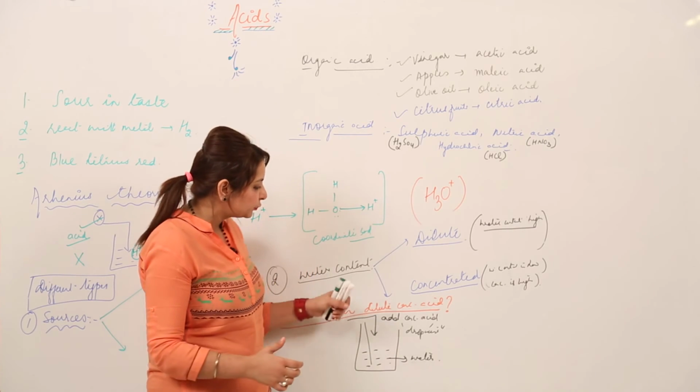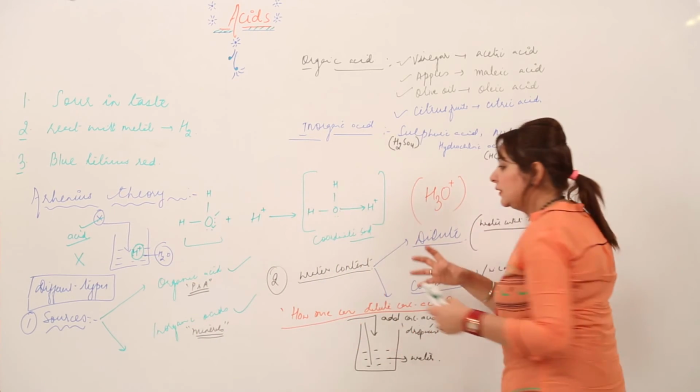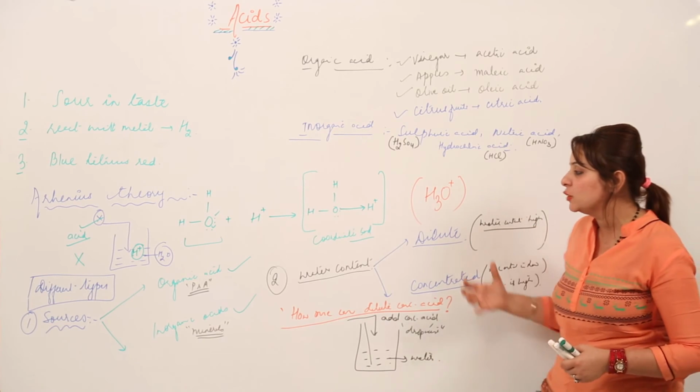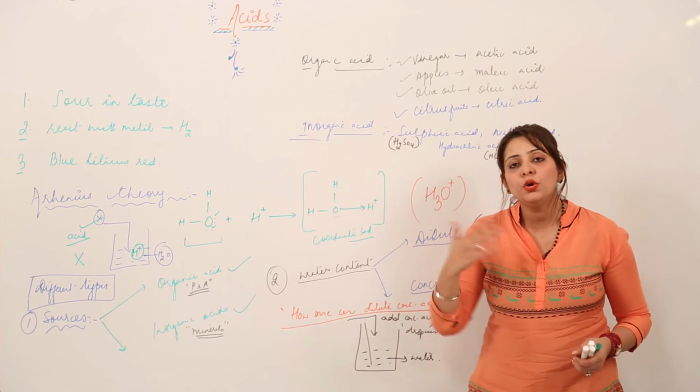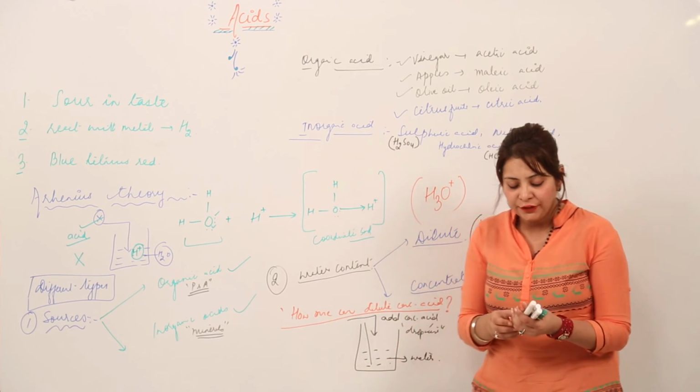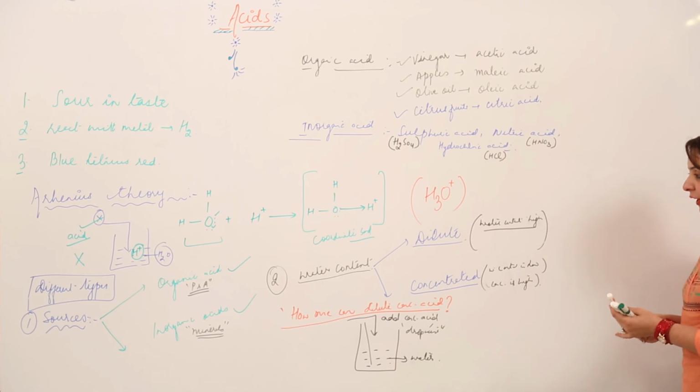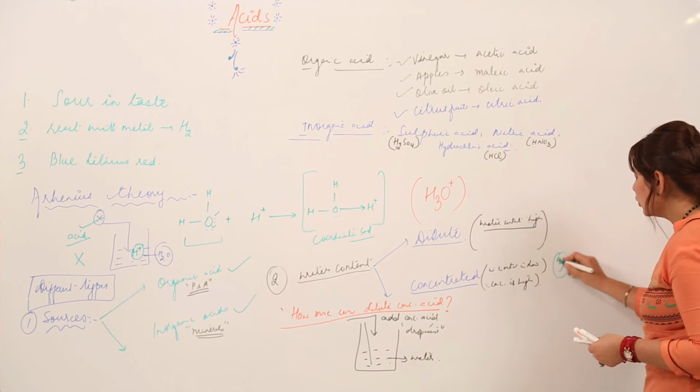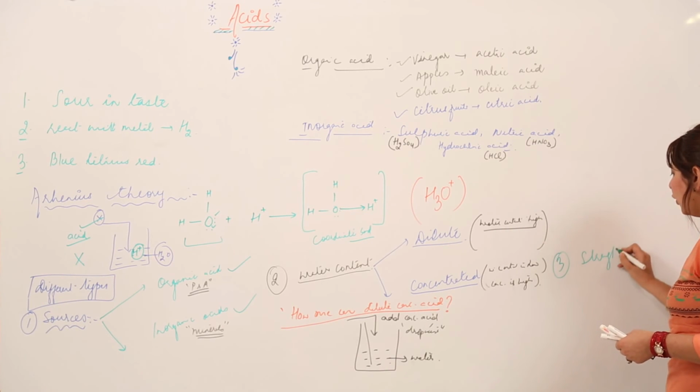Now we have seen that the classification is not limited to the two. We have another type of classification as well, and that classification is on the basis of strength of an acid.